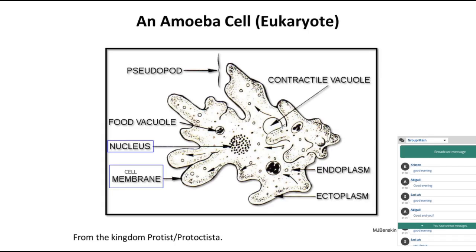Of course, we're going to have some differences now. So the endoplasm and the ectoplasm, they're like the cytoplasm within the amoeba. Just that the consistency of each is a little different.